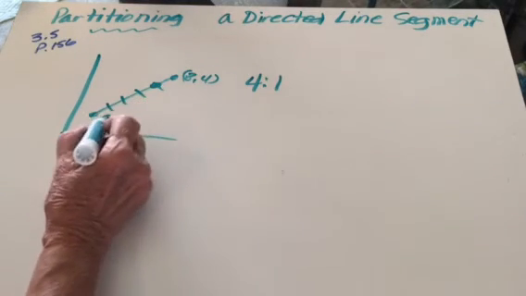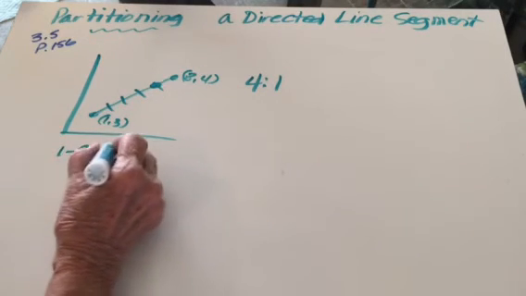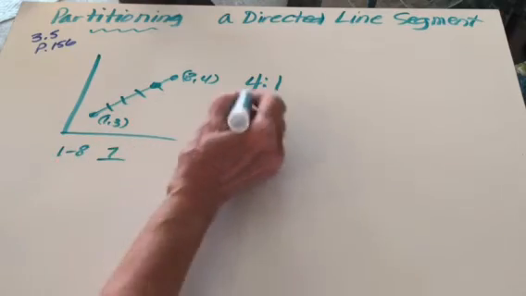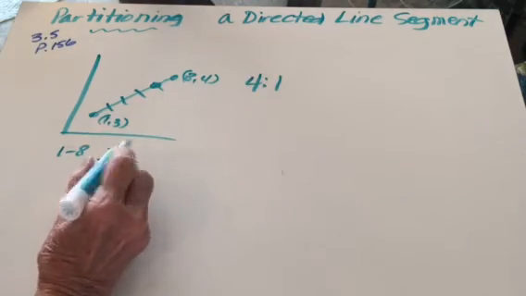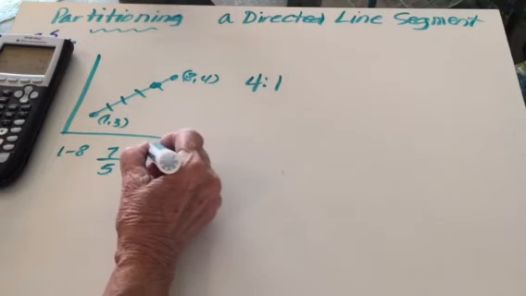All right, let's try it. Let's start. 1, take away 8. The absolute value is just 7. 7 divided by 5 is 1.4.